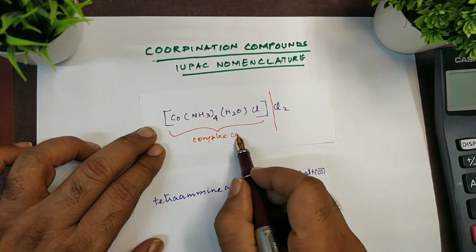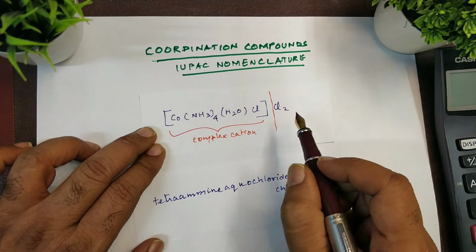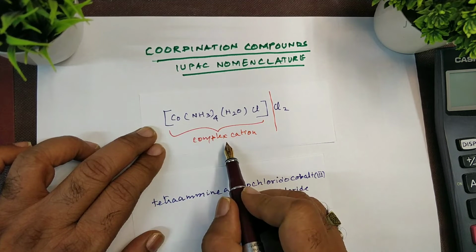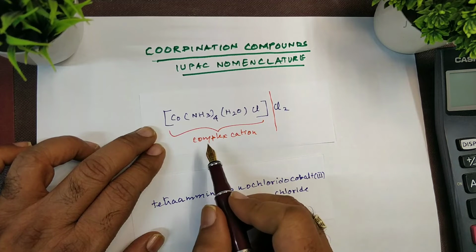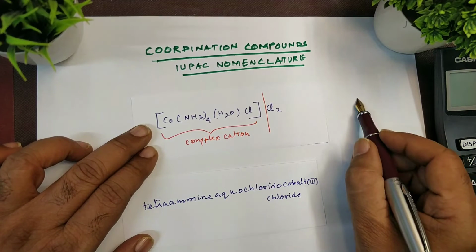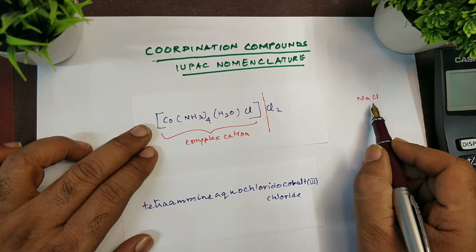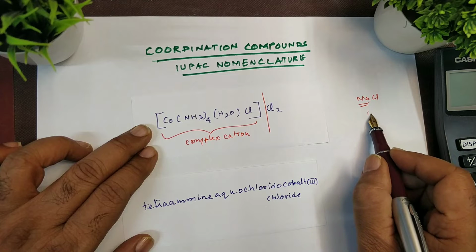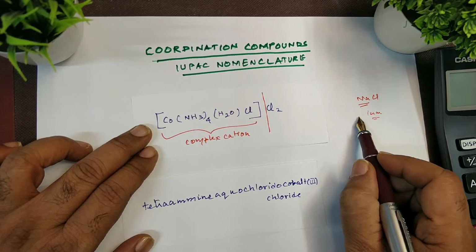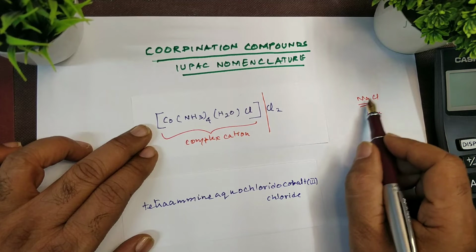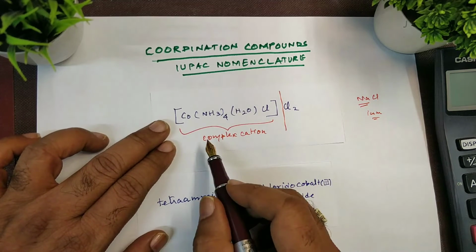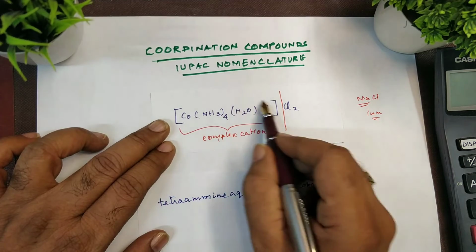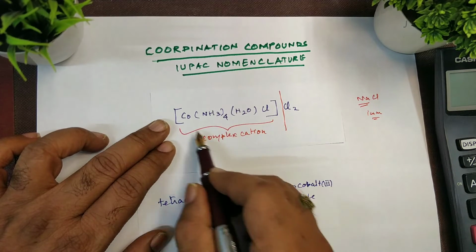You should remember that we should always start the naming with the cation followed by the anion. Suppose it is sodium chloride, NaCl: we start with sodium, then chloride. We don't call it chlorosodium. In the case of complex compounds, the same convention is adopted, that is, we start with the cation.